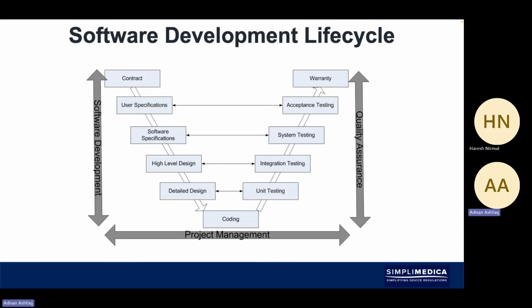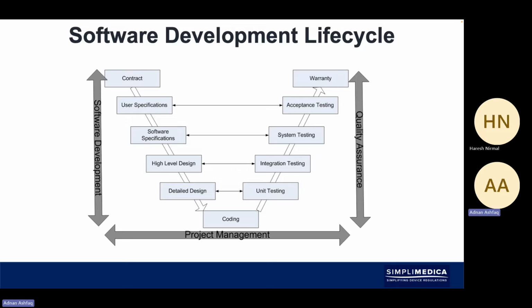Now, within the software development lifecycle, most people will be familiar with a very typical V model, which starts off with a contract, which would be based on some user specifications, which would then allow the development of some software specifications to then be developed.